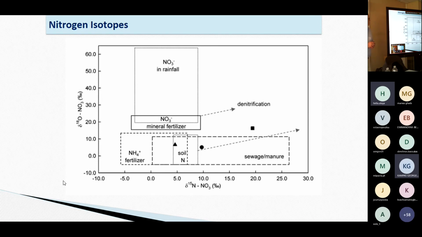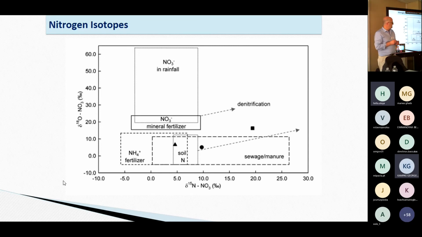And she observed that these different sources of nitrate have different isotopic signatures or fingerprints. So if we just look at the nitrogen bar, delta 15N, we see that the ammonium fertilizer has -5 to 10.